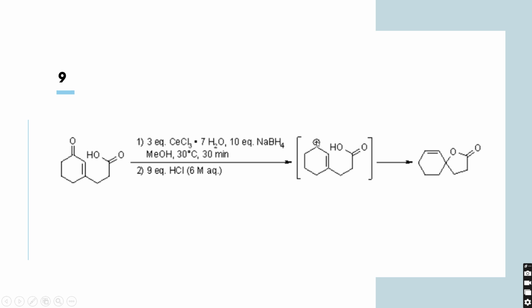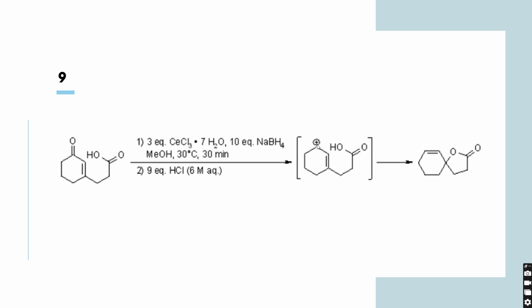I hope this first step is clear. What happens in the first step? Your keto group is being reduced by sodium borohydride in presence of sodium chloride, and that alcohol which is formed by the reduction will be protonated by your acid and eliminated as water, and you will get this carbocation.